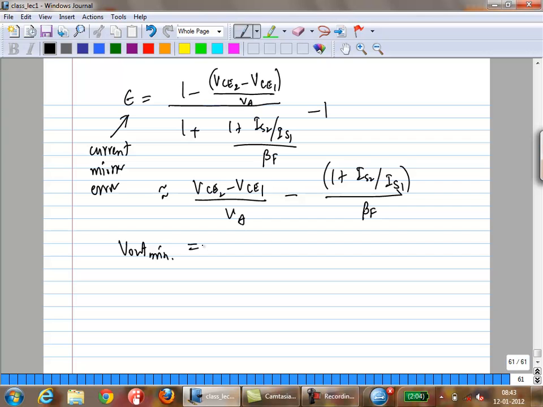What is V out min? Minimum V out? This is just the VCE sat of Q2. This is typically somewhere around 0.2 volts. What is R in, the input resistance or input impedance of the current mirror?